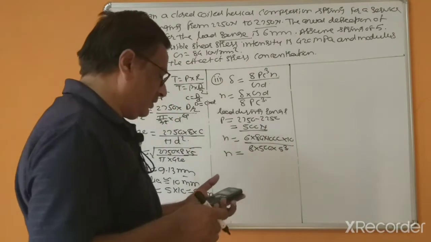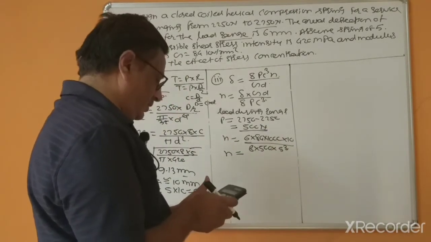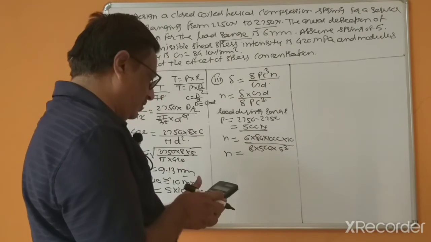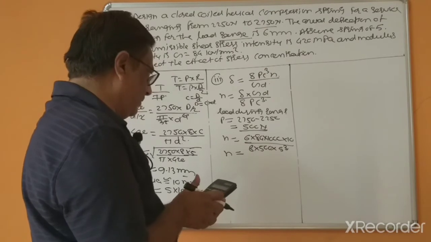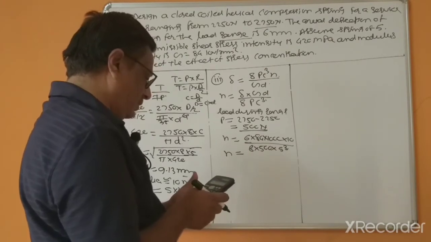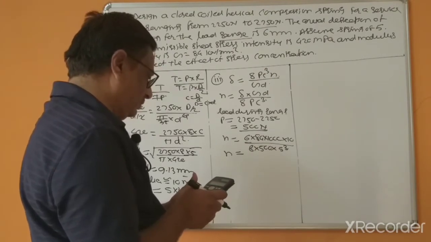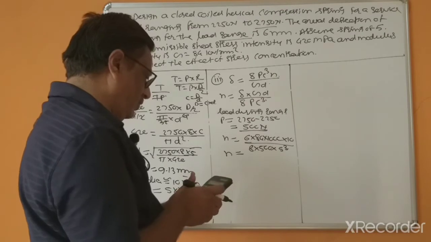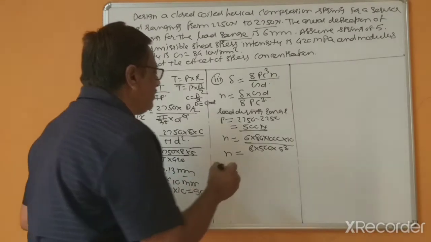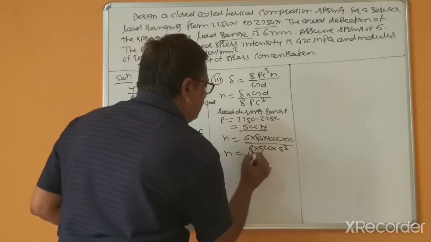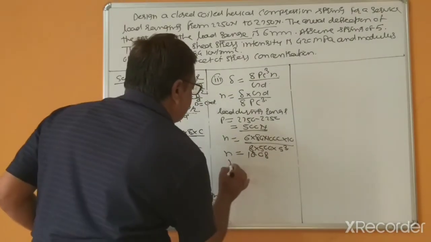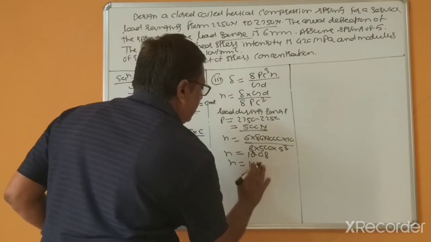So this gives the number of active turns: 6 into 84 multiplied by 1000 multiplied by 10 divided by 8 divided by 500 divided by 5 cube, meaning 125. This is equal to 10.08, so we take the next whole number, 11.